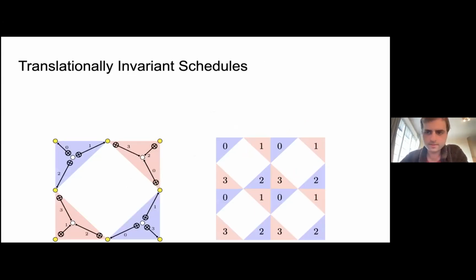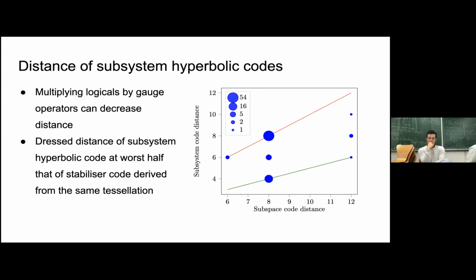So did you find the plot by exhaustive search through the group for these smaller codes? So we prove the upper and lower bounds, and then these blue circles are all of the codes that we were constructing of this particular family, and you can use sort of Dijkstra's search because they're 2D codes.